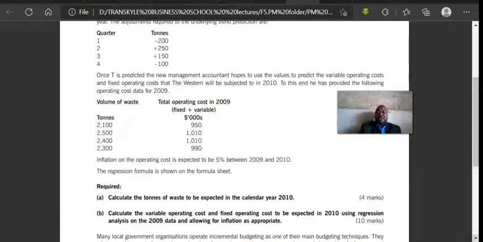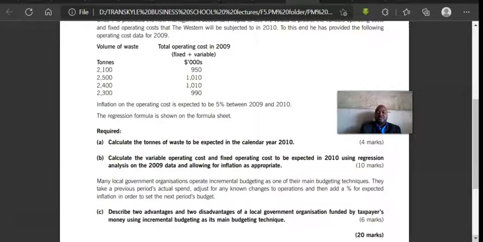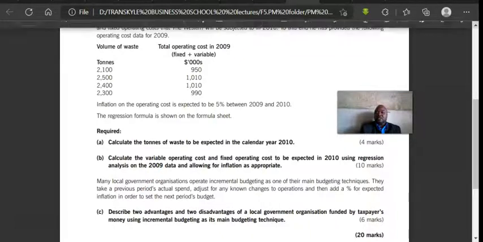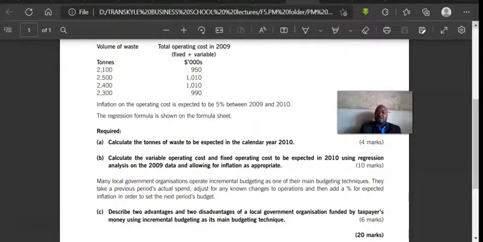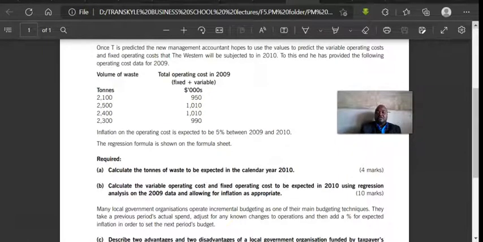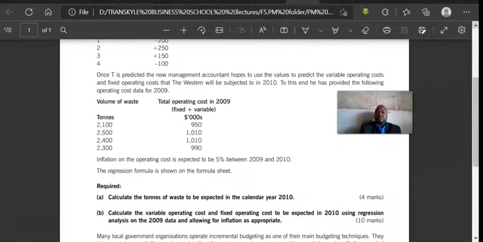We just want to do part A and B of the question. The other one is a bit discursive and theoretical, so you can read on your own. Let us just do part A and B of the question.